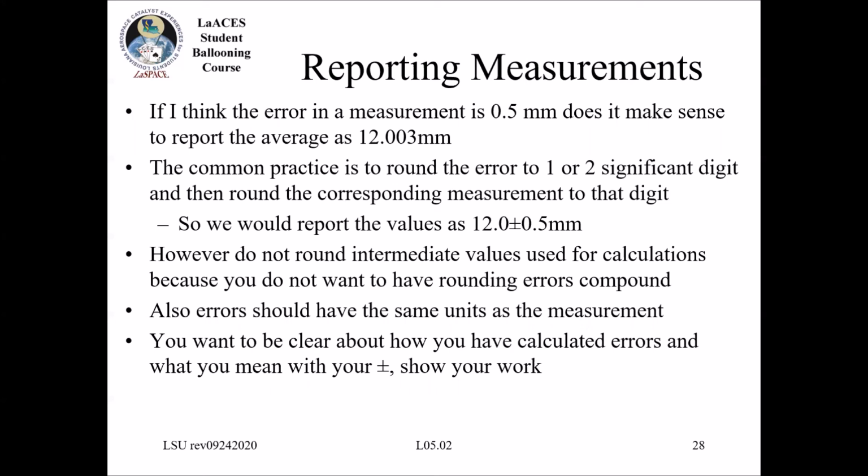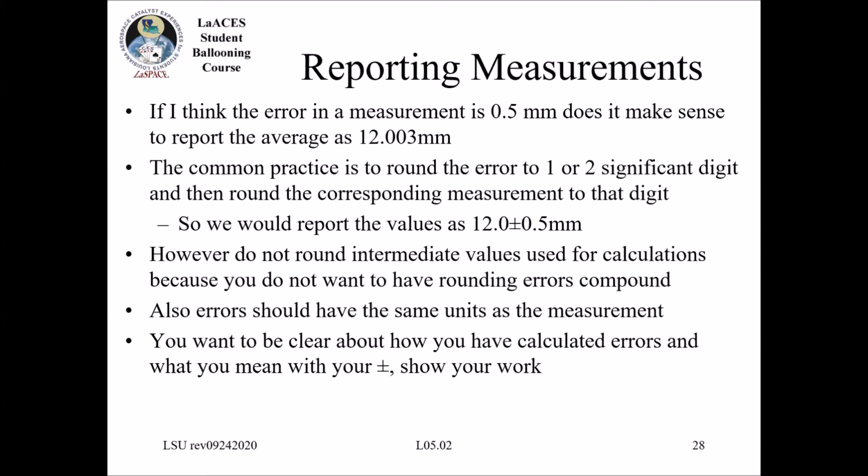The standard practice is to round the error to 1 or 2 digits, and then round the measurement to whatever decimal place the error is. So for the example above, you would round to 12.0 plus or minus 0.5.